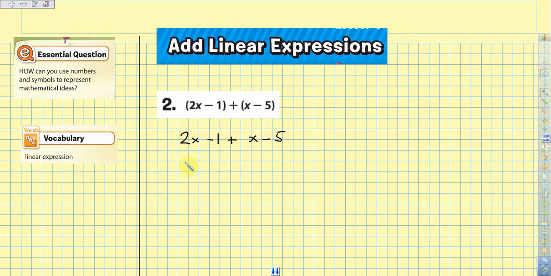And what I'm going to do is add the opposite. Let's add the opposite. Now I can move stuff around. I can combine like terms.